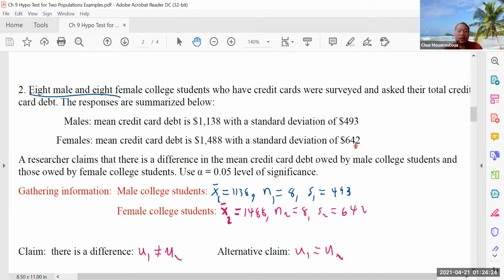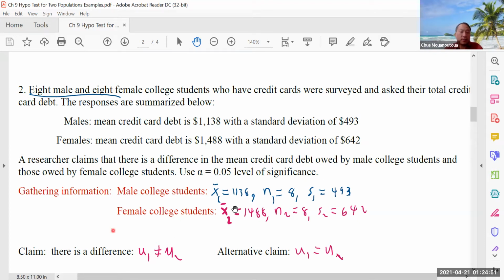So this represents the credit card debt for college students. A researcher claims that there is a difference in the mean credit card debt by all male college students and by females. Use alpha 0.05 level of significance.